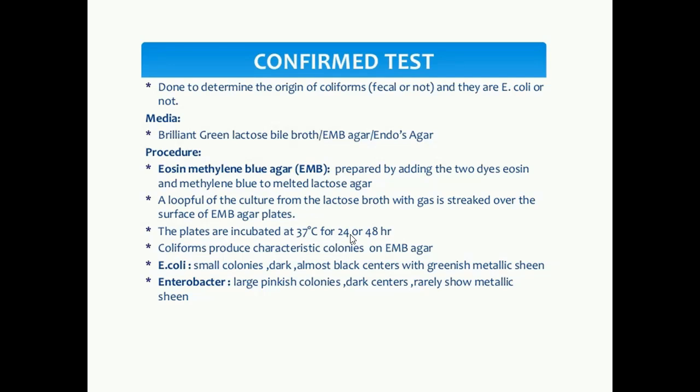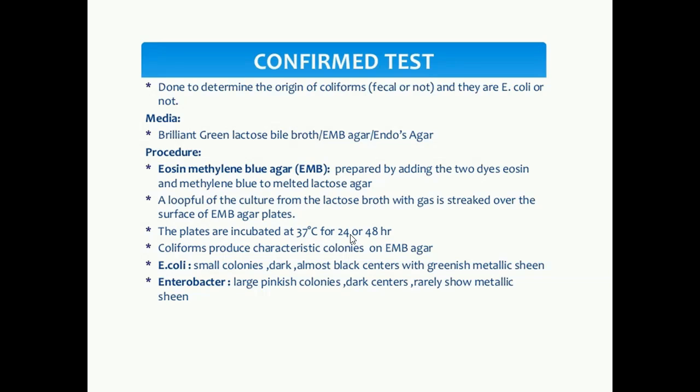Procedure: eosin methylene blue agar is prepared by adding 2 dyes, eosin and methylene blue, to melted lactose agar. Then a loopful of the culture from the lactose broth with gas is streaked over the surface of EMB agar plates. The plates are incubated at 37 degrees for 24 or 48 hours.